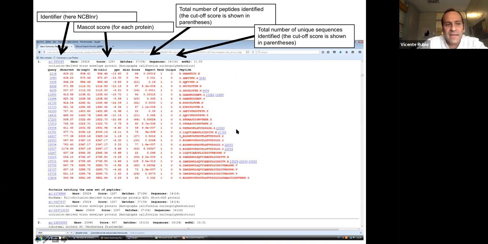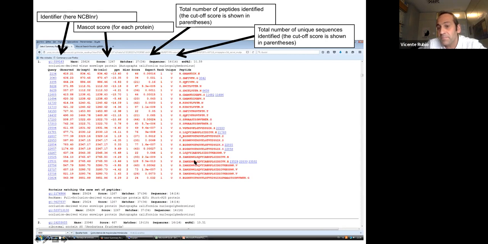For each of those proteins, if you click on them, you get different parameters, such as the mass of the protein, the expected mass. This is in kilodaltons, so Daltons, sorry. There is also a protein score that is assigned by the search engine depending on an algorithm, and that score depends on the quality and the quantity of the peptides that have been identified.